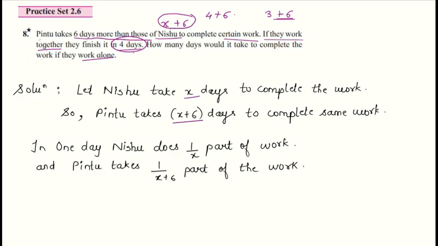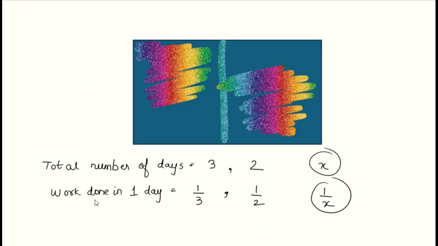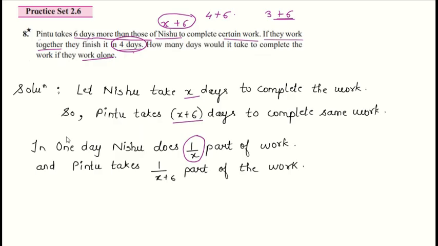Okay, if they work together, they finish it in 4 days. But in one day, how much will Nishu complete? In one day, Nishu does 1 upon X part of the work. As I have explained here, the work done in one day will be 1 upon X for Nishu. Okay, that is the reason. In one day, Nishu does 1 upon X part of the work. And similarly, Pinto does 1 upon X plus 6 part of the work.